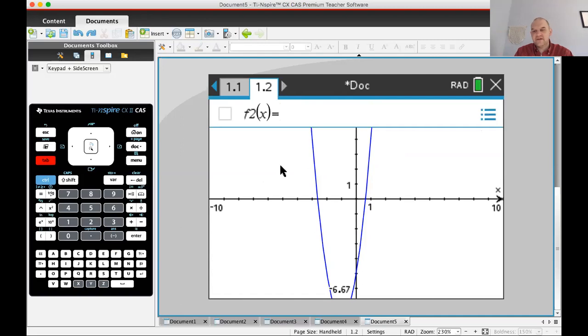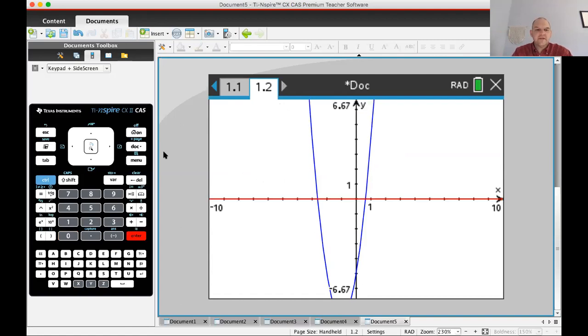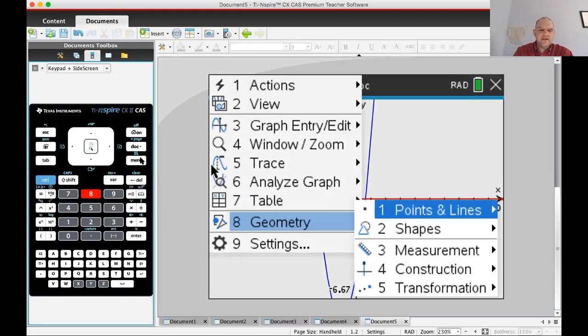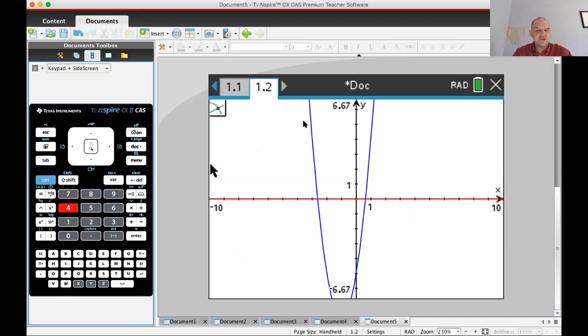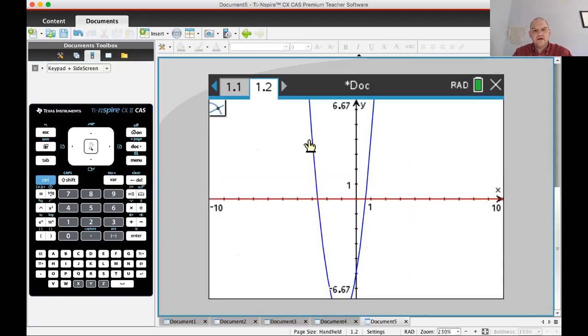Now, when we want to find the zeros of something, the easiest thing to do is to press tab, also graph y equals 0. Then what I'm going to do is menu, 8, 1, and then it's 3 if you have an original CX and 4 if you have a CX2. So that's fun. Click and then click, and you can see the zeros.